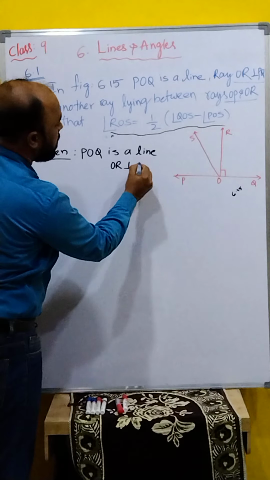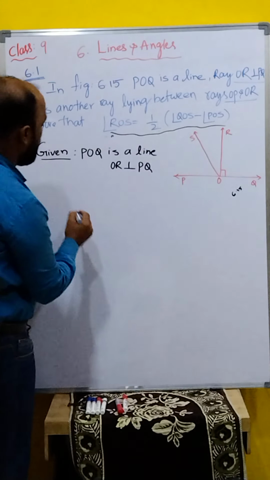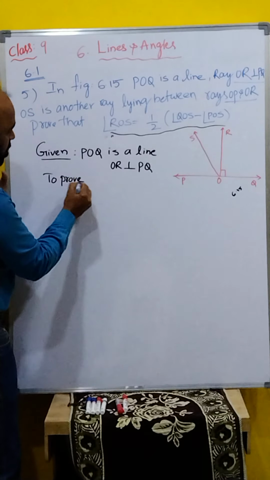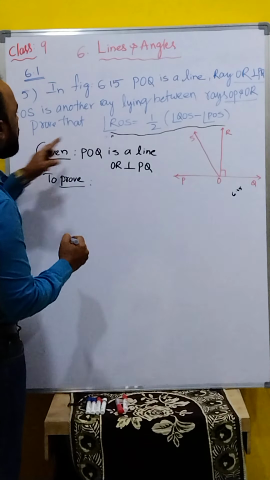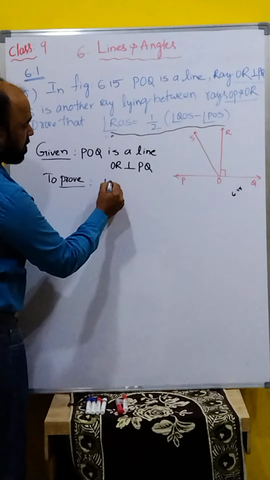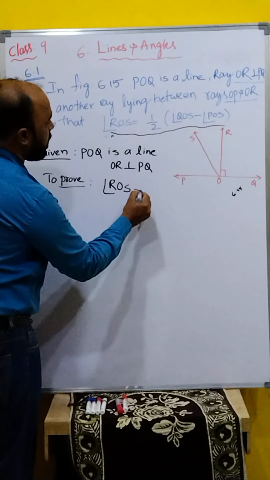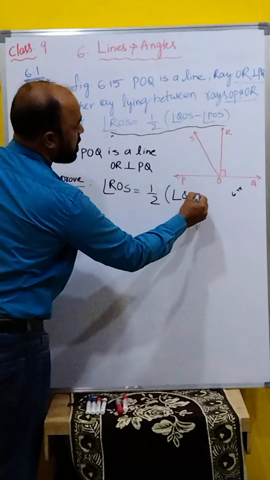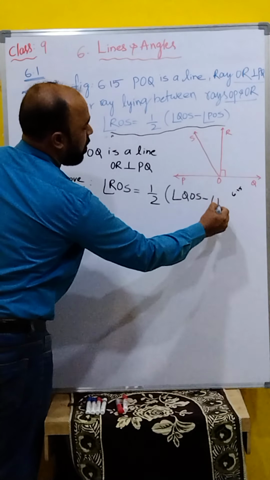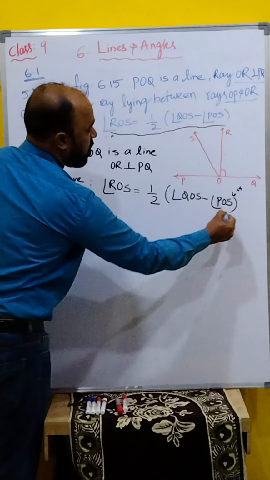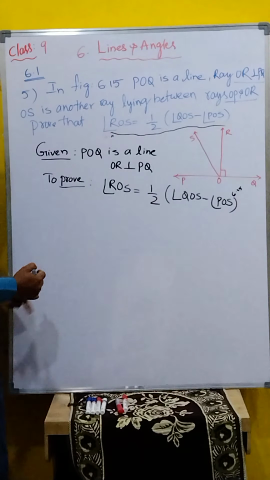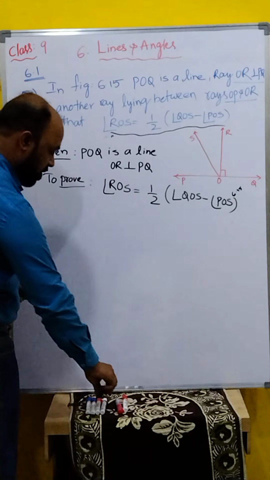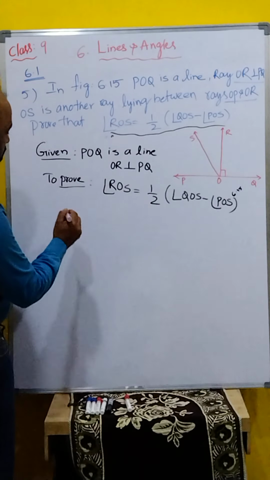To prove: angle ROS is equal to half of angle QOS minus angle POS. Clear, children? Now we'll go for the solution.